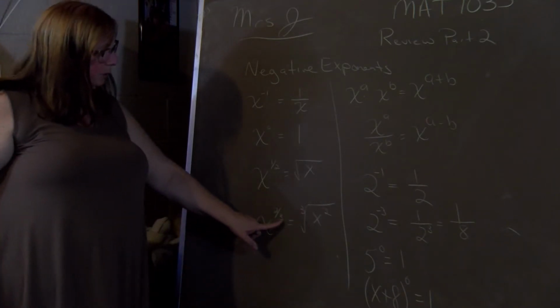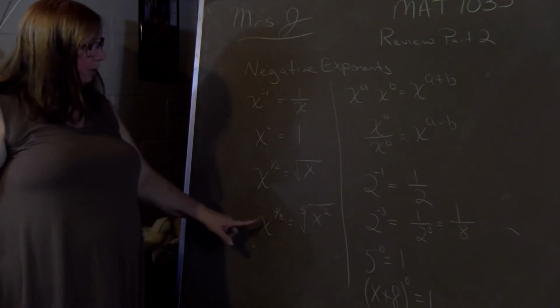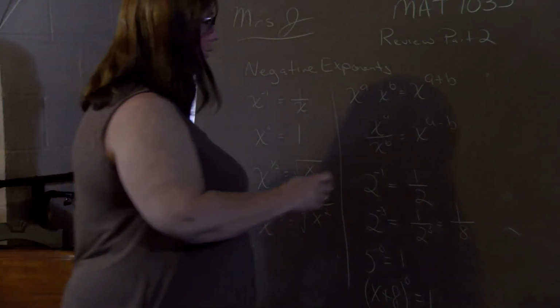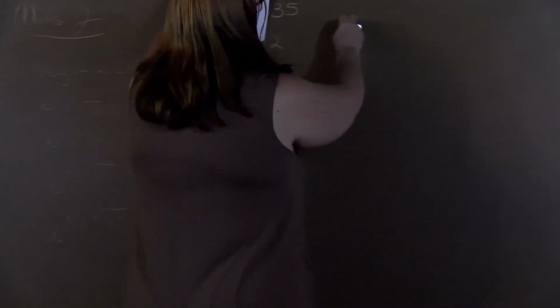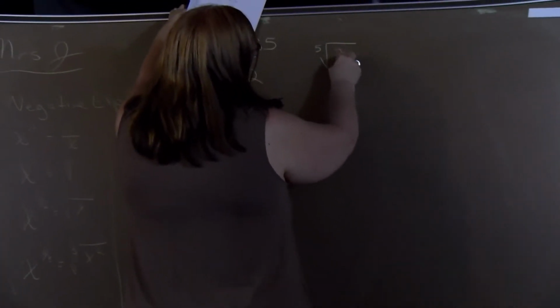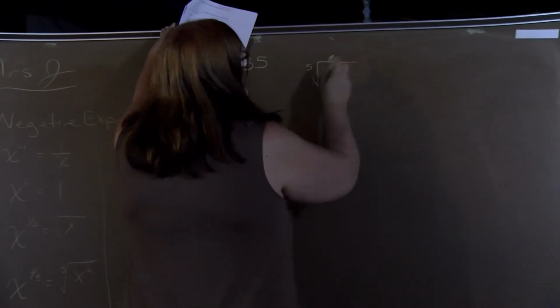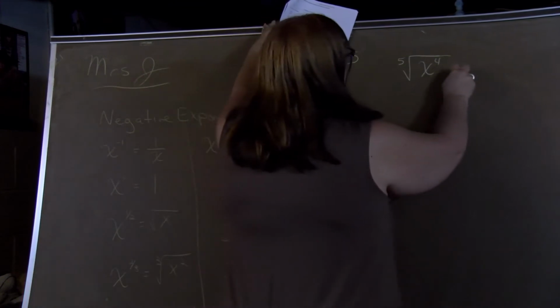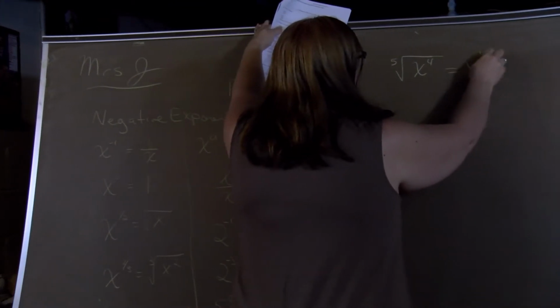So a denominator of an exponent is a radical. That means if we had the 5th root of x to the 4th, that could be written as x to the 4/5.